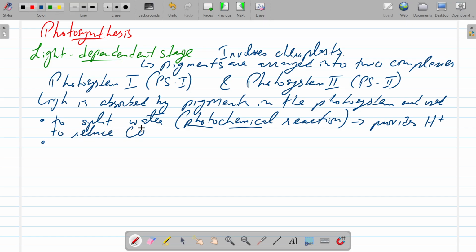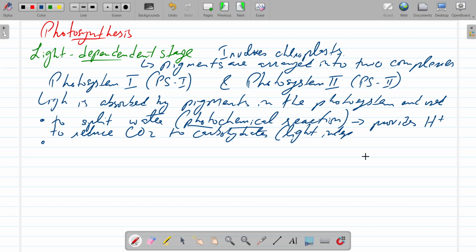And what that does, it provides hydrogen ions to reduce CO2 to carbohydrates, to form carbohydrates. But that happens in the second stage, the light independent stage. So the hydrogen ions are produced in the light dependent stage.